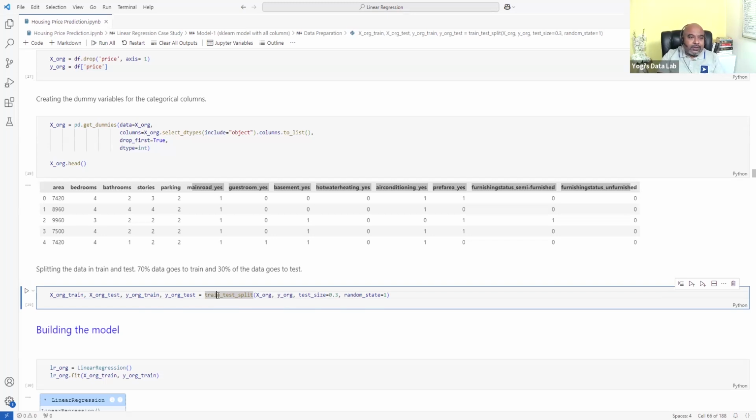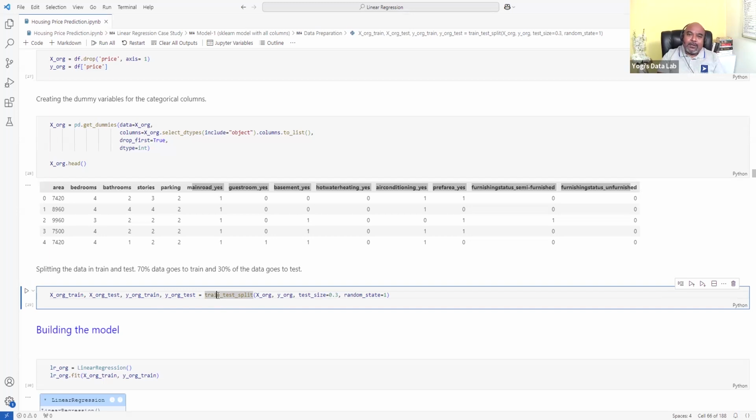I have uploaded this code and the data file on GitHub. Whenever you download this and you are running this, if you do not change the value of random state, you will also get the same results as I have got. In case you change the random state, you might get different results. Random state equal to 1 is not a fixed value that I always have to use.